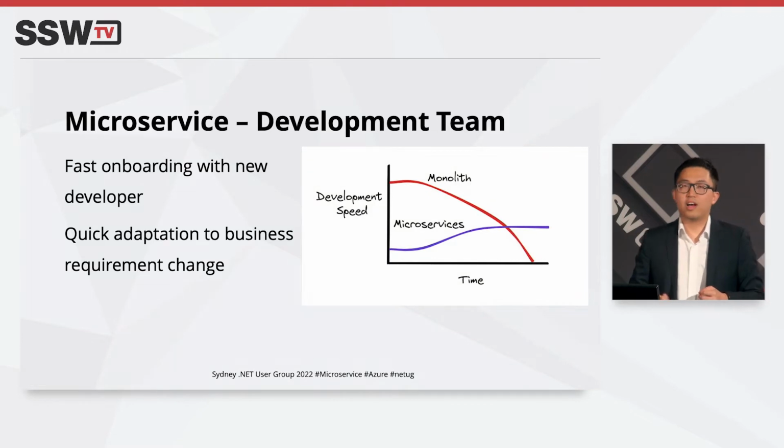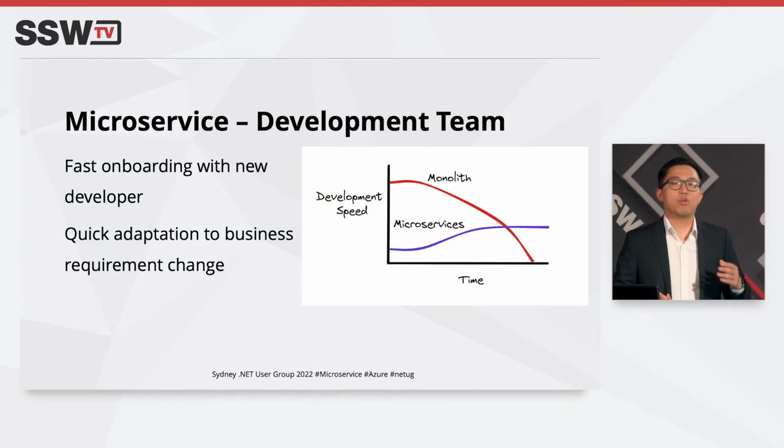So here's a chart. From it, we can see that if we are following a monolith approach to begin with, our development speed is really quick because there's less overhead in scaffolding, in building up different services and setting up the communication channel between them. You can very quickly build your solution and deploy it to production.